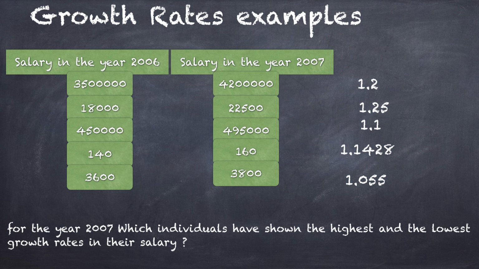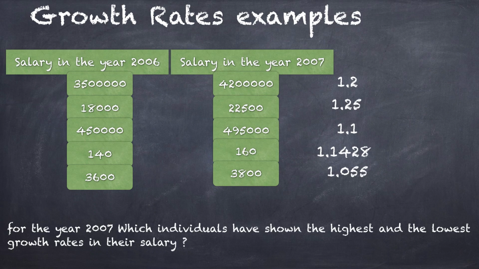Okay, so we've got the data now, but the subject is called data interpretation. So let's interpret what these numbers mean. Let's look at the first pair, that is 35 lakhs and 42 lakhs, and the new by old fraction's value is 1.2. What does it mean? It means that when you take 35 lakhs and multiply it by 1.2, you will get 42 lakhs.